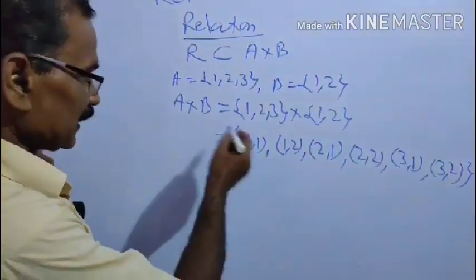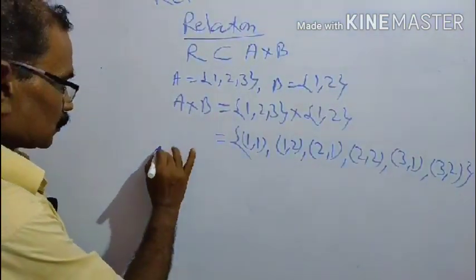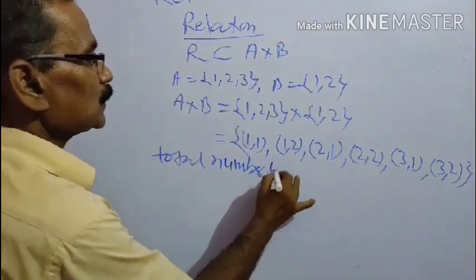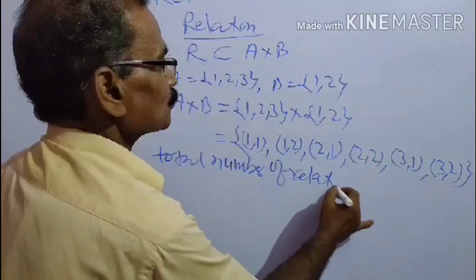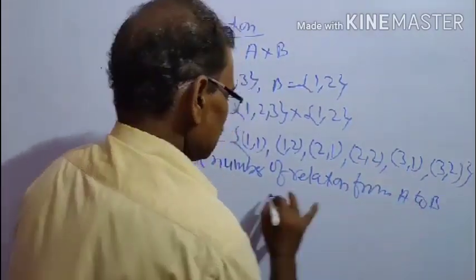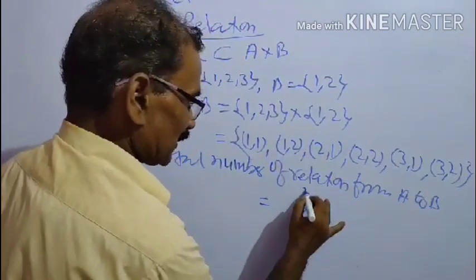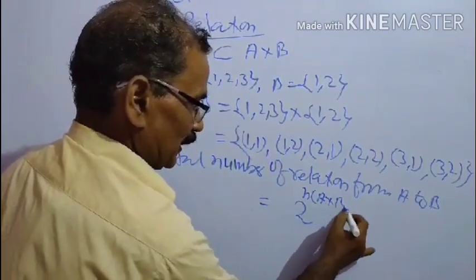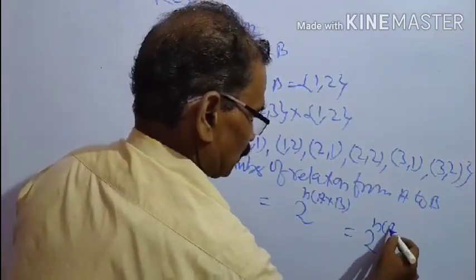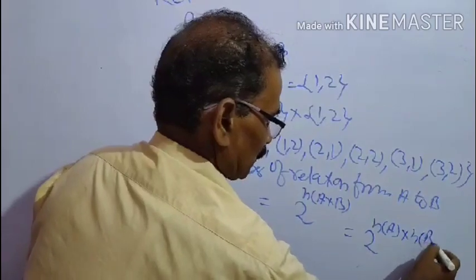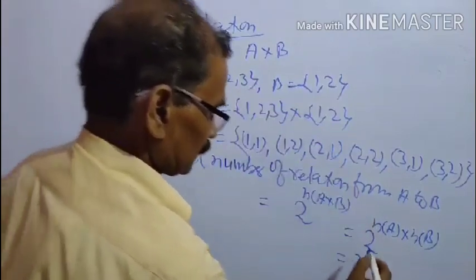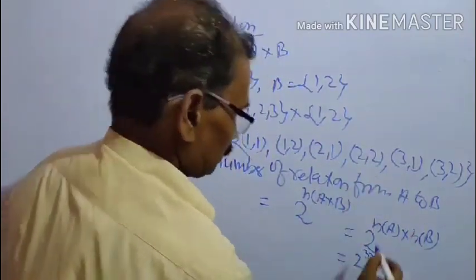Next, the total number of relations from A to B is equal to 2 raised to the power of the number of elements in A cross B, that is 2 raised to the power n(A) into n(B). Here n(A) is 3 and n(B) is 2.